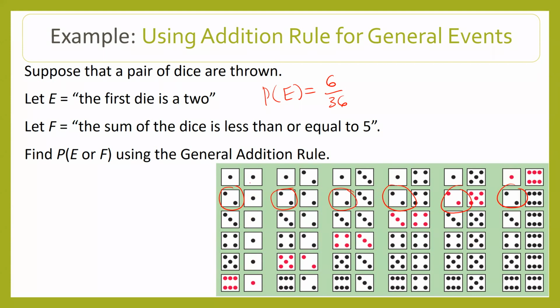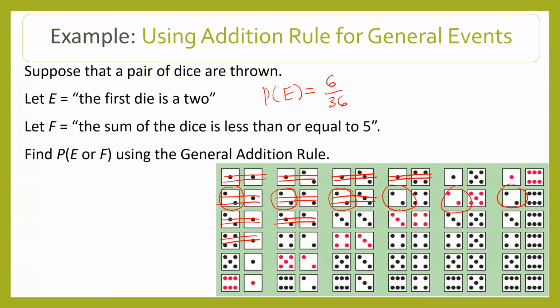So let me go through each one and see which ones have a sum less than or equal to 5. 1 plus 1 gives 2, which is less than 5. 2 plus 1 is 3. 3 plus 1 is 4. 4 plus 1 is 5, also in the range. 1 plus 2 is 3, 2 plus 2 is 4, 3 plus 2 is 5, 1 plus 3 is 4, 2 plus 3 is 5, and 1 plus 4 is also in the range.